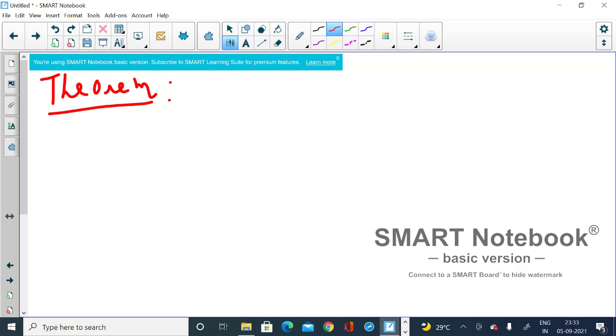Similarly, let's start by defining a vector space.